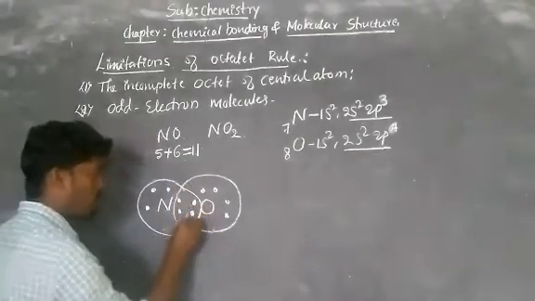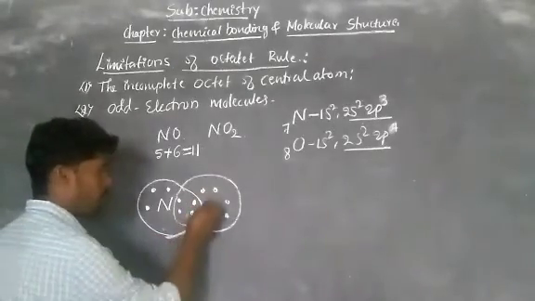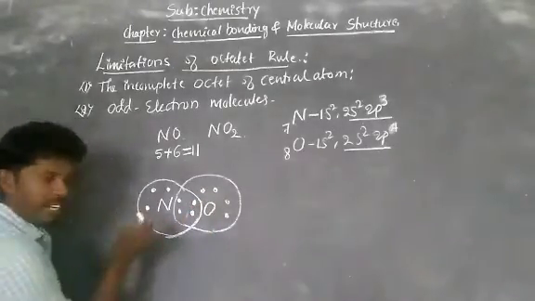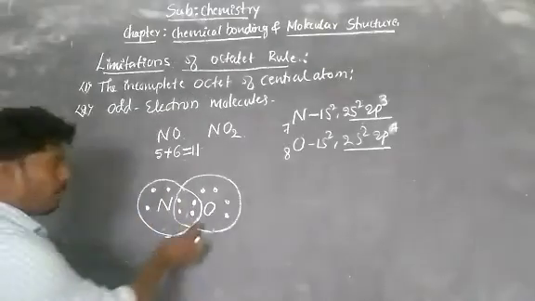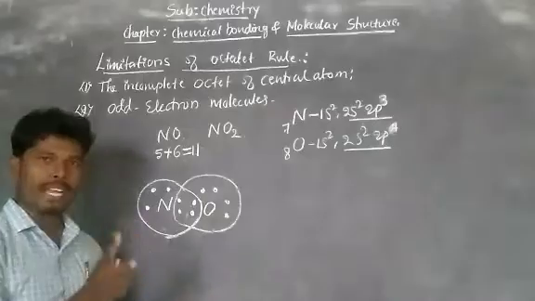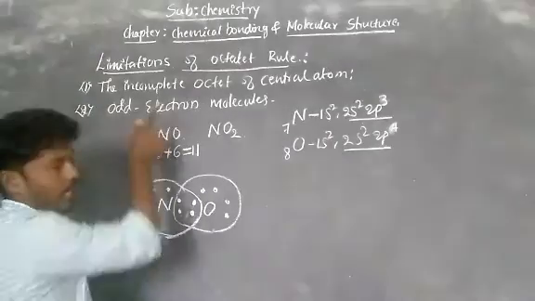Now, if nitrogen and oxygen make a double bond, then the nitrogen has only 7 electrons: 4, 5, 6, 7. Any one of the atoms among these two satisfies the octet rule. That is the limitation, that is the odd electron limitation.